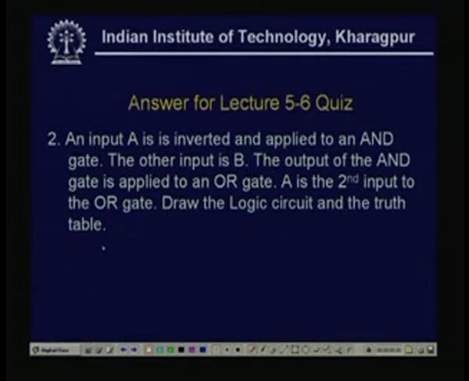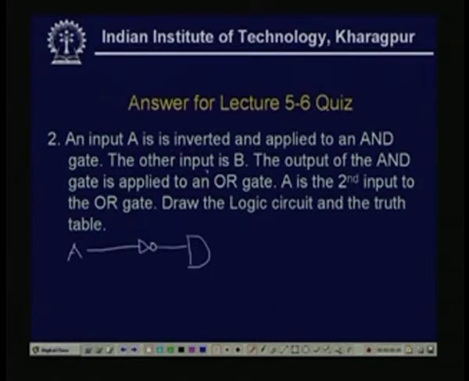So, first we see the logic circuit. Say input A is inverted. Take the input A, it is inverted and applied to an AND gate. So, this is one input of the AND gate.